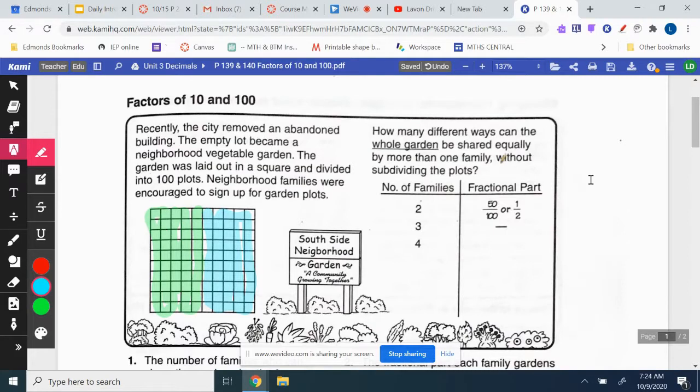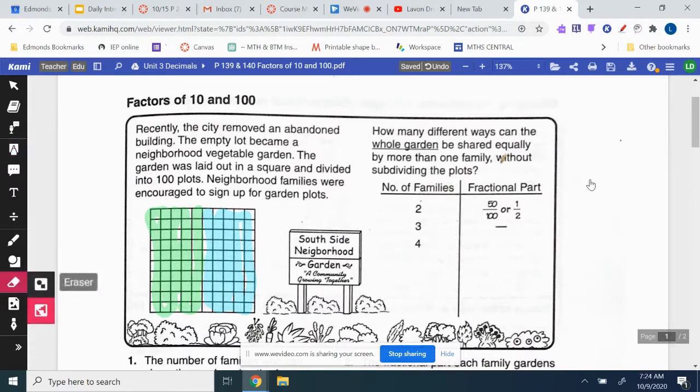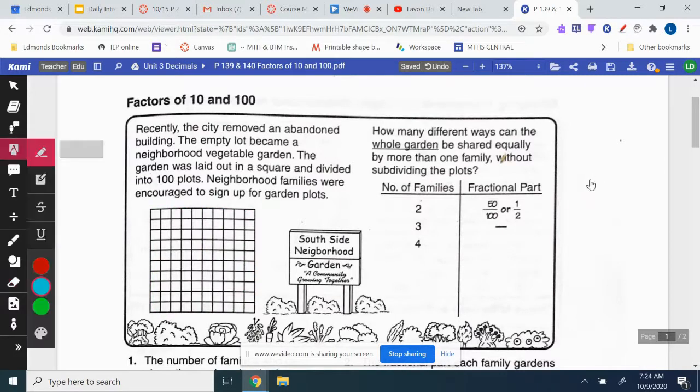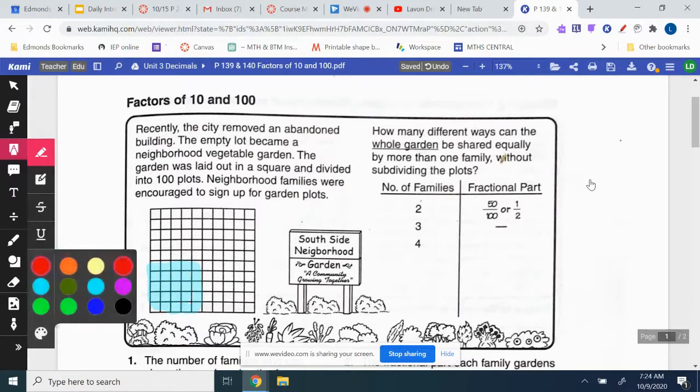Now they already tell me I can't split it by 3 evenly, but let's look at what it looks like if I split it by 4 evenly. So each person would get this amount.